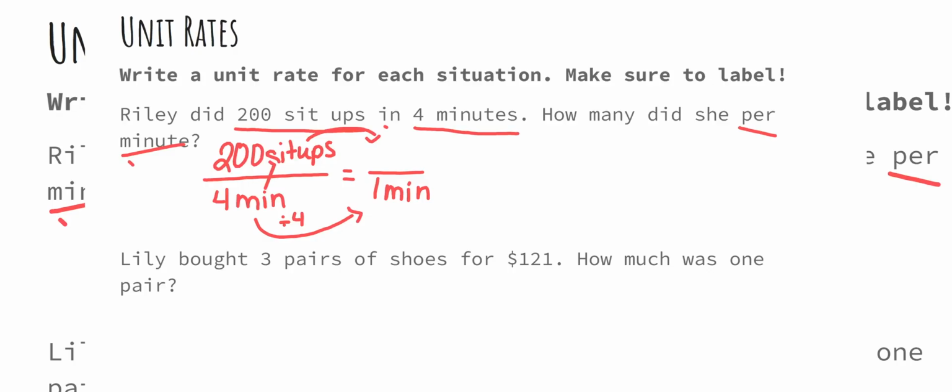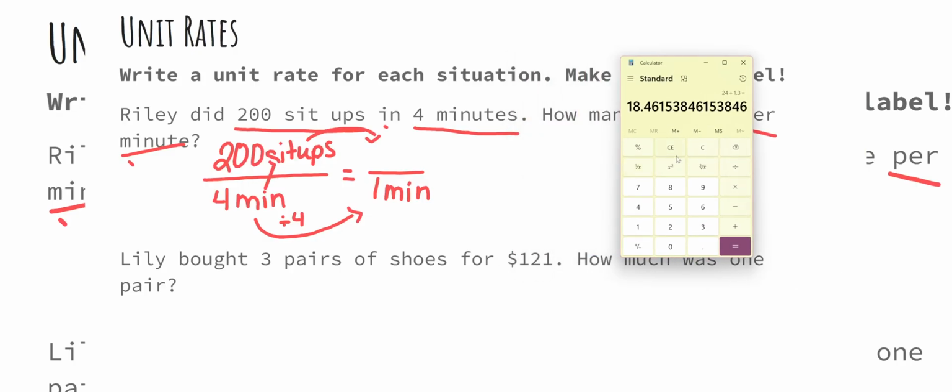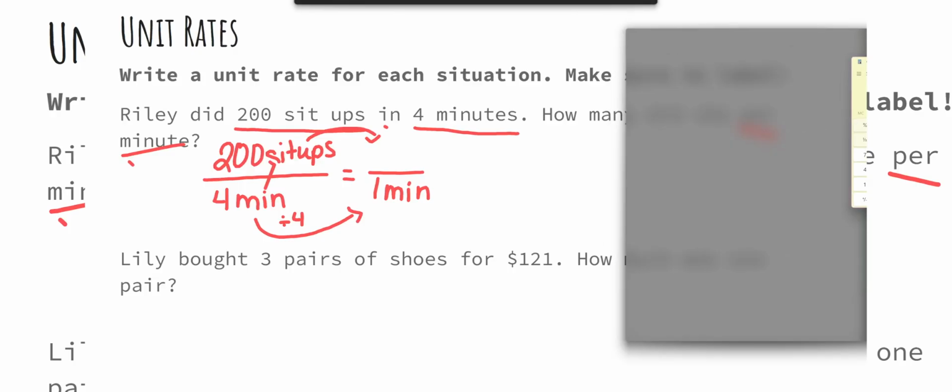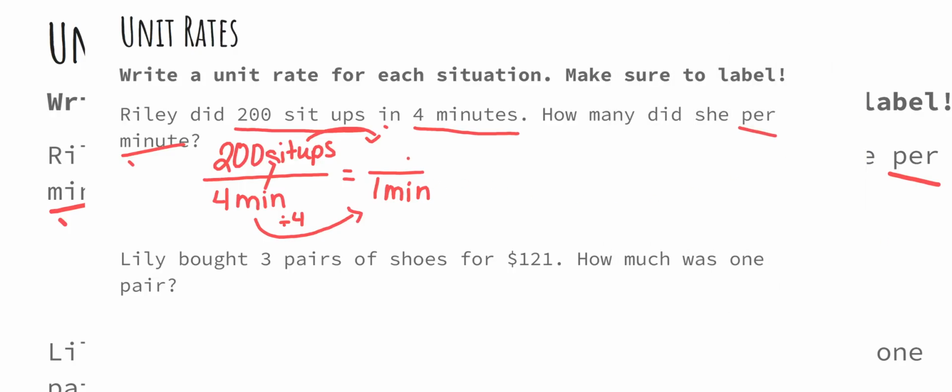If you guys want to bring your calculator over for this, you can. So 200 divided by 4 gives us that nice even 50. So we know that she can do 50 sit-ups in 1 minute. Now do you see why labeling is so important? It just helps us keep track of the numbers.